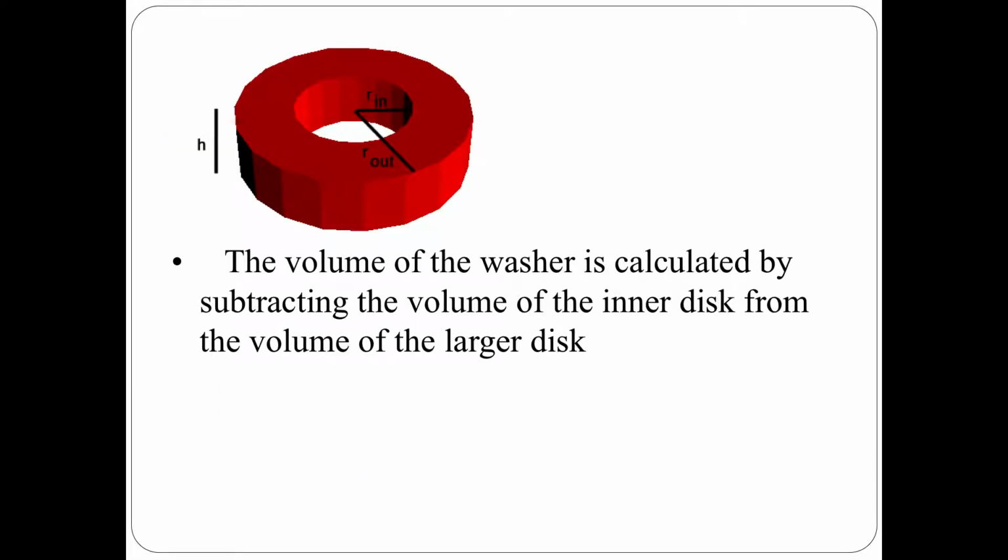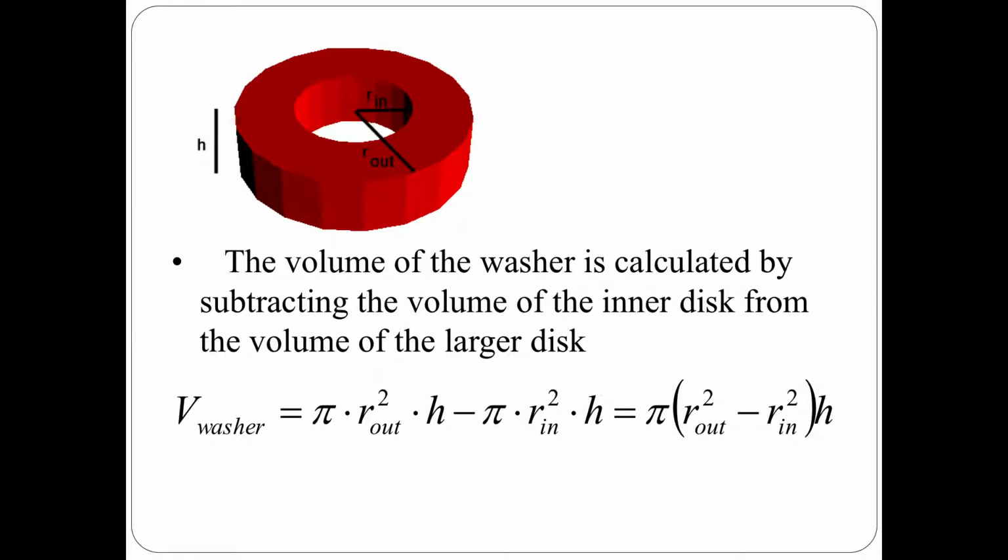So when we find the volume of this, we take the volume of that solid piece, figure out the volume of that purple hole, and subtract it out. So we have pi r squared h for our outer piece, pi r squared h for our inner piece, and we subtract it out. They both have the same height and the same pi being multiplied to them, so we can think of this as pi times h times the difference of the radii squared.